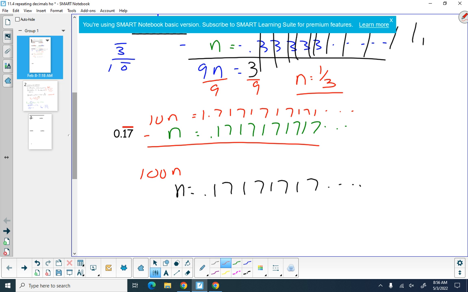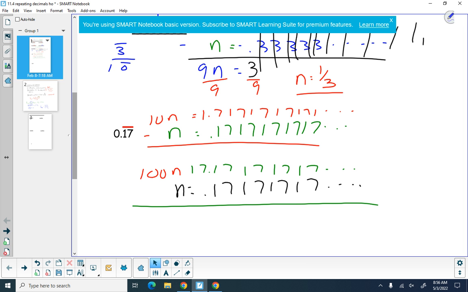If I multiply 0.17, a decimal, by 100, how many places do we move the decimal point? Justin? 2. So I'm going to move my decimal point 2 positions. So we're left with 17.17171717, and so on.